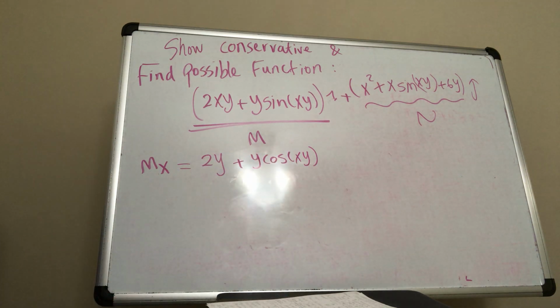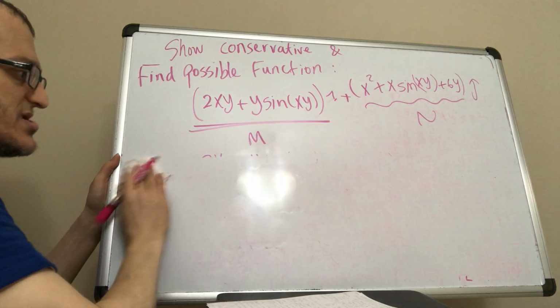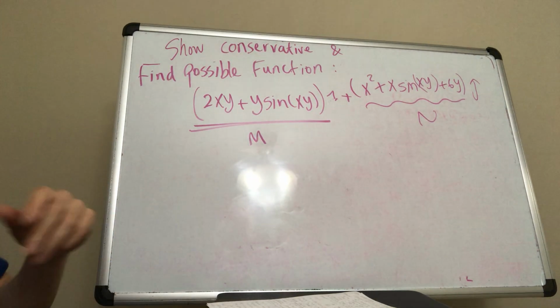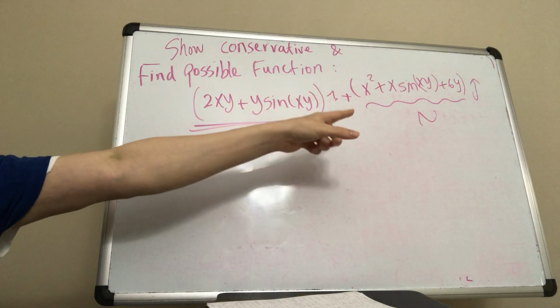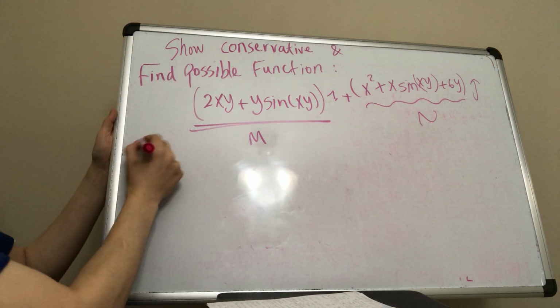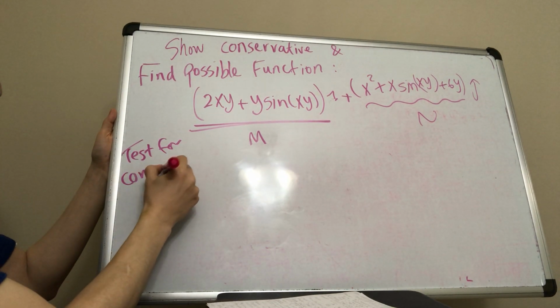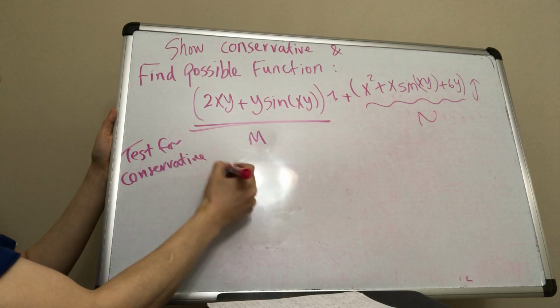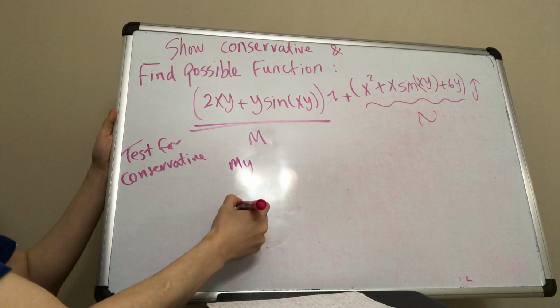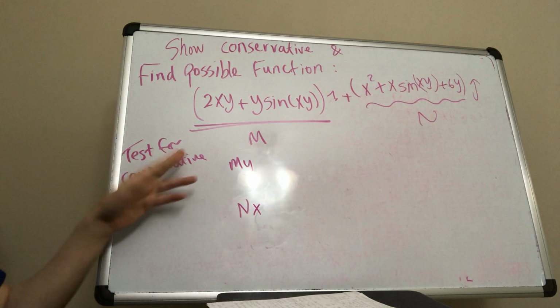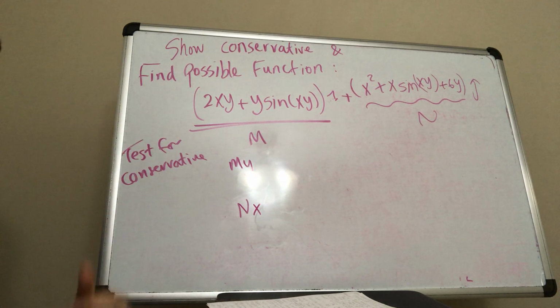Oh, I made a mistake, sorry. We need to switch. So usually this one is the x, this one is the y. But when we test for conservative, we find My and Nx. Testing, you need to switch the derivative.